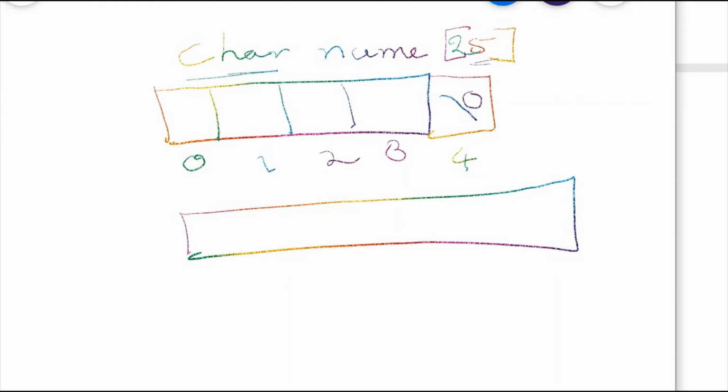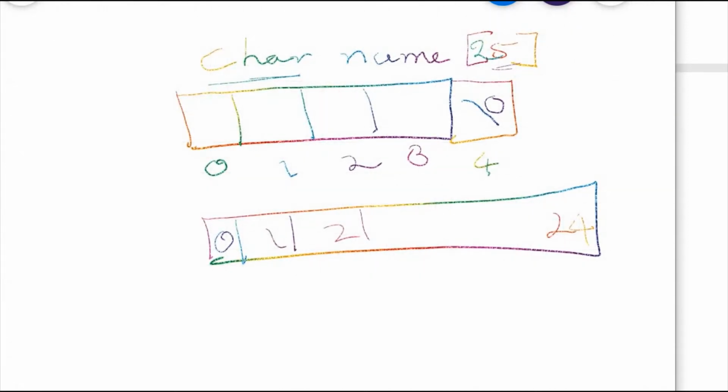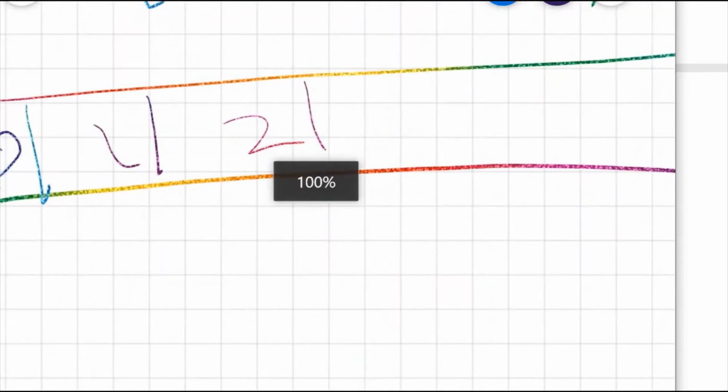Right from 0, 1, 2, it will go up to 24, up to 24 elements. Now, say for example, I am going to store the name as Ravi. Just a minute.